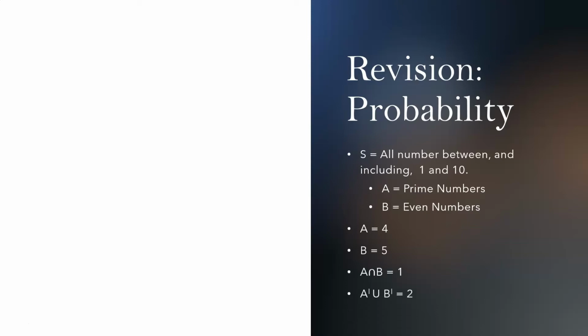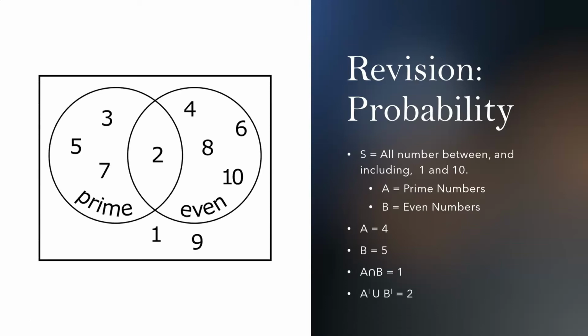Okay, our diagram should appear in a moment. So we've got prime and even. Here in our even numbers, we've got 1, 2, 3, 4, 5 even numbers. So in subset B, we've got 5 even numbers. And in subset A, which is our prime numbers, we've got 1, 2, 3, 4. In our intersect, we've got 1.